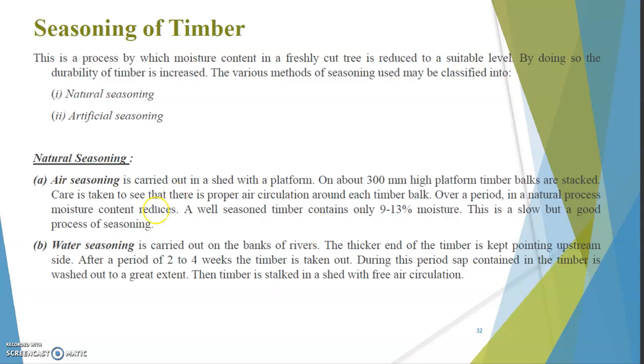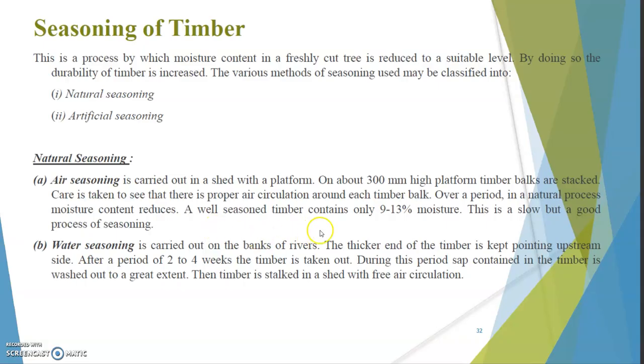Care is taken to ensure proper air circulation around each timber box, and the stacking is arranged in such a way. Over a period, through continuous natural air circulation, the moisture content reduces. It is simply like washing clothes and drying them on our terrace by clipping them; the clothes dry simply by airflow and sunlight. Similarly, the same condition prevails here.